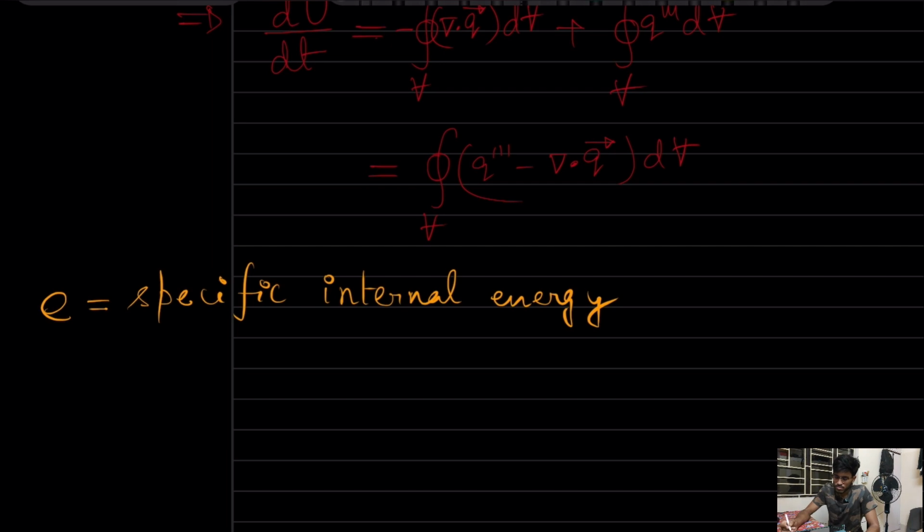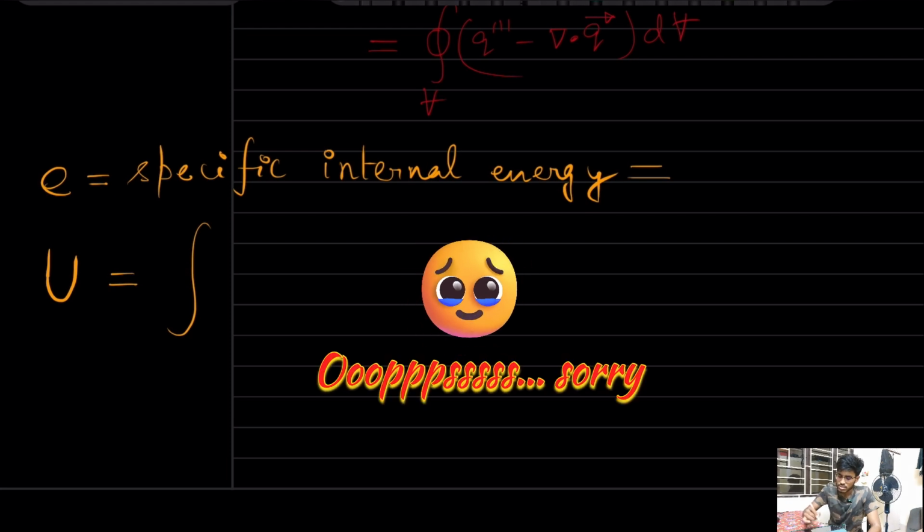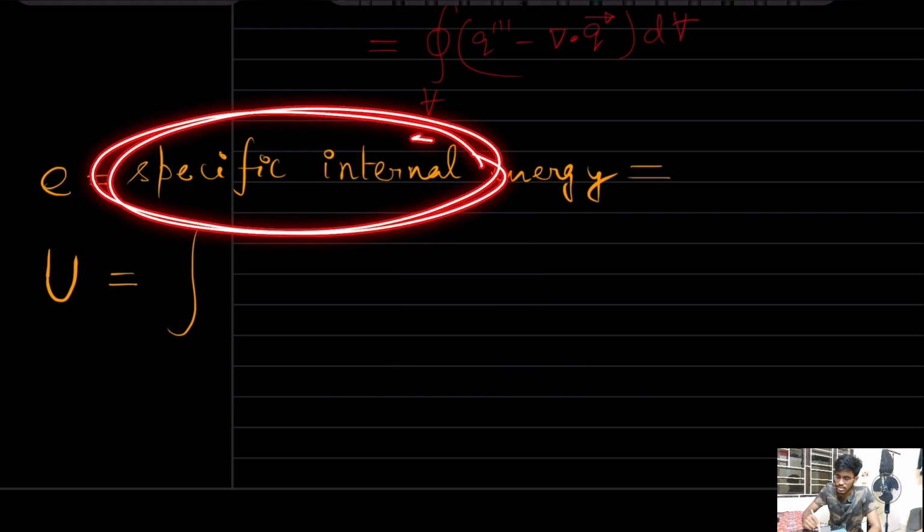So if this is the specific internal energy, then what will be my total internal energy U? Sorry, specific means per unit mass, right? I am very sorry. Specific internal energy means per unit mass.